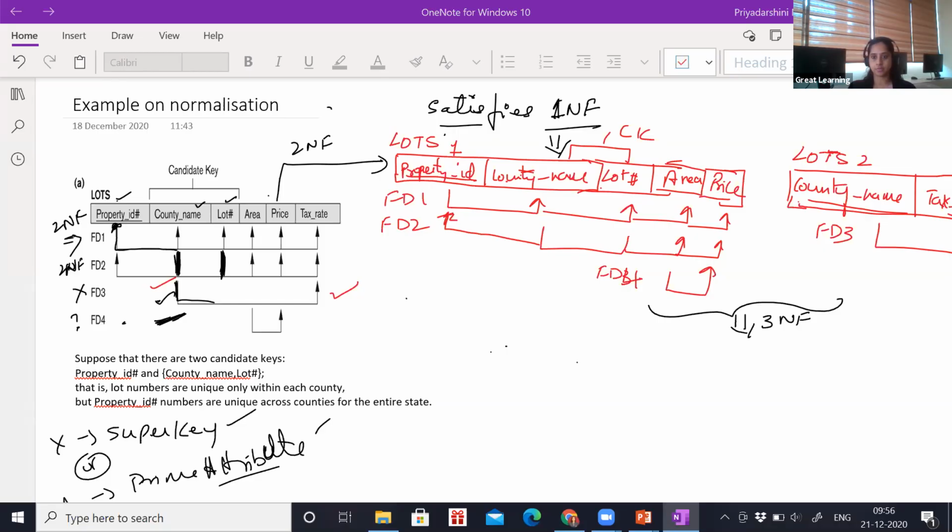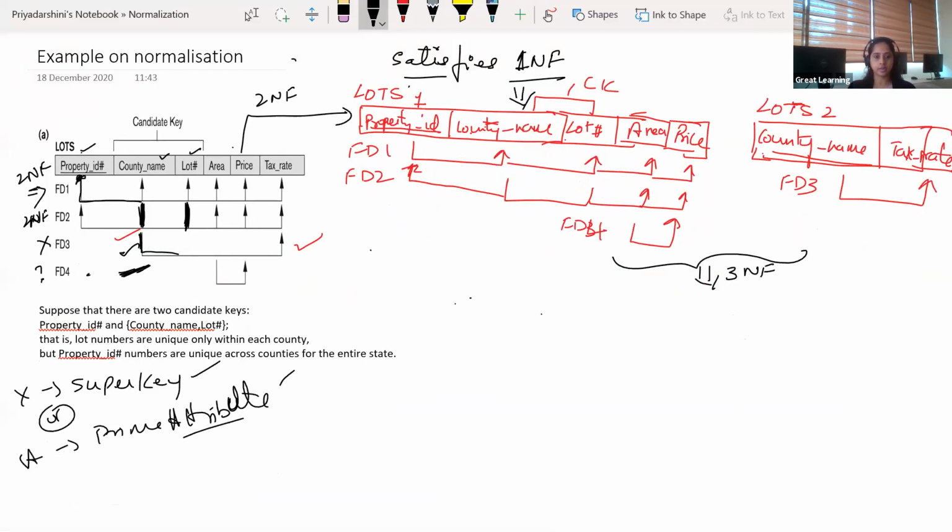Okay, let me now go back to the writing mode. Okay, see here. Now come up with FD1. What is X? Property ID. Is X a super key? Yes.